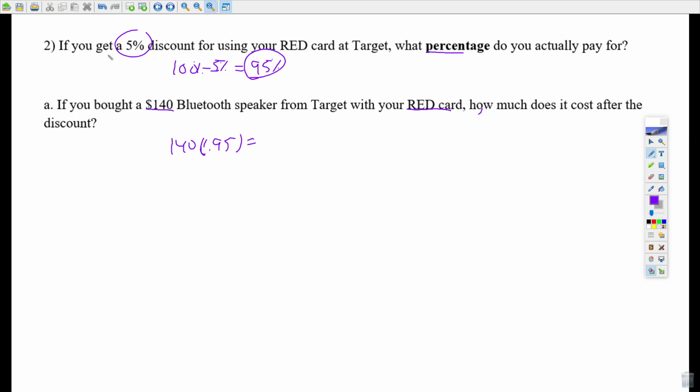And that will tell you the actual cost of the speaker after the discount, which in this case happens to be $133. So I like doing that, instead of the two ways of multiplying by your discount and then subtracting it from the total. I think this is a little easier. It takes fewer steps, and especially you can do some of that in your head too.